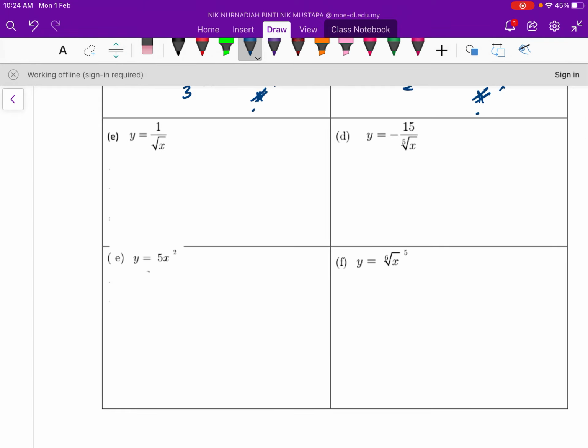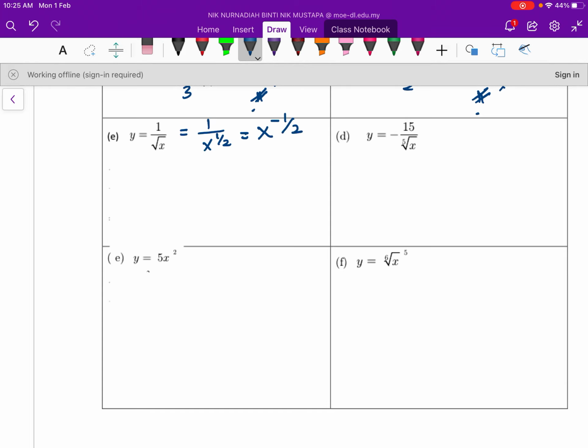Okay, the same thing. Tengok E ni dia bukan dalam bentuk power kan. Dia dalam 1 over square root. So kita kena buat dalam bentuk power dulu. Square root tu adalah x to the power of 1 over 2. And then dia kat bawah, so bila kat bawah, kita kena naikkan dia ke atas. Bila naikkan ke atas, dia akan jadi x to the power of negative 1 over 2.